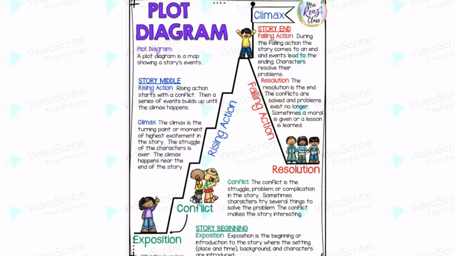What does setting mean? Setting means the time and place, circumstances, or conditions. So again, the first stage of a plot structure in any narrative, in any short story, in any novel in English, should start with exposition, in which we get to know the characters, the background information, and the setting, which means the time and place circumstances.